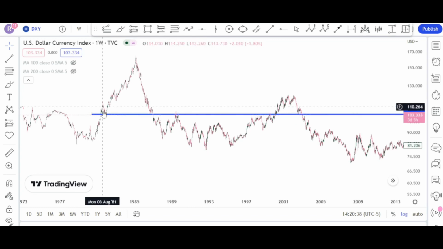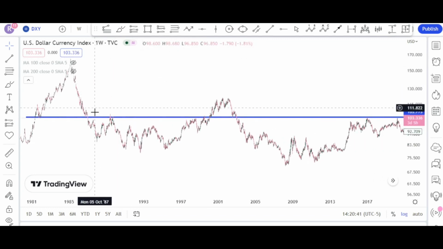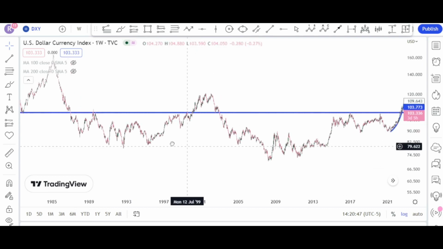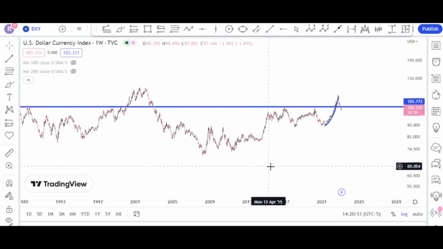Right here it was support which sent the DXY to the moon, if you want to say that. Right here it was resistance, and it suppressed the DXY for a very long time. You can also see that once you break below these levels, it was tears for the DXY.